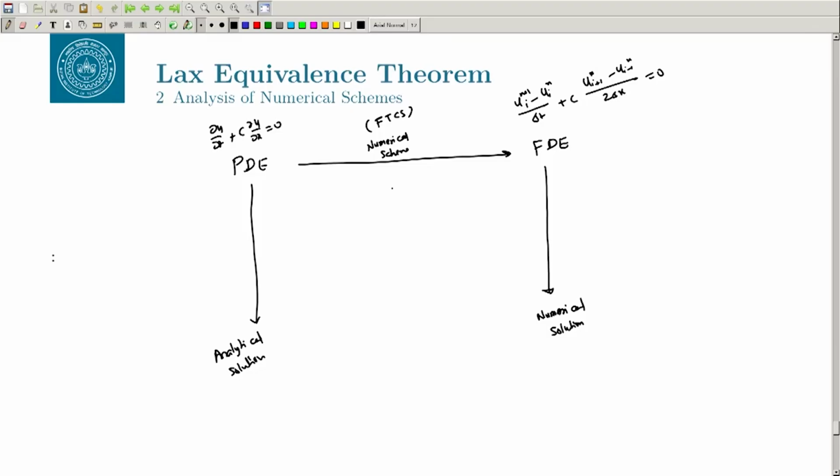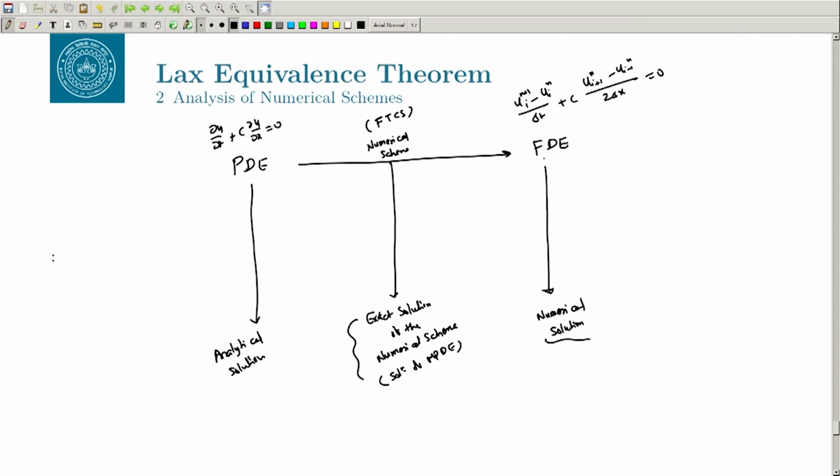What is that? Basically the solution of your modified partial differential equation, the MPDE. So, let us call this the exact solution of the numerical scheme, which is nothing but the solution of the MPDE.